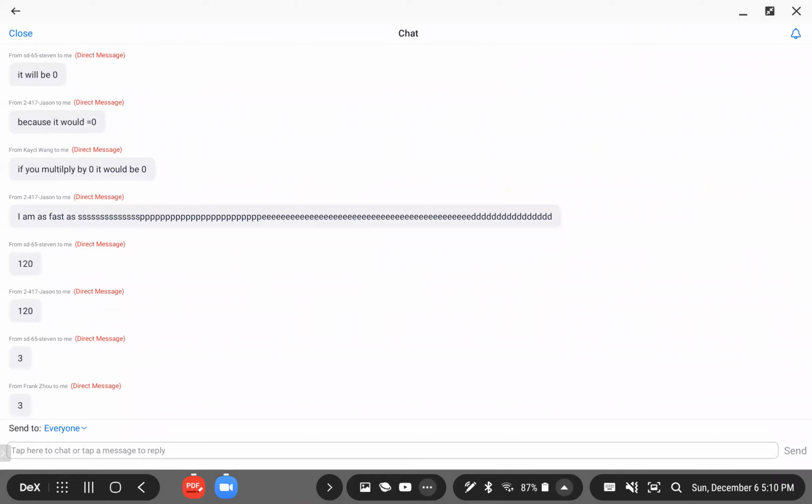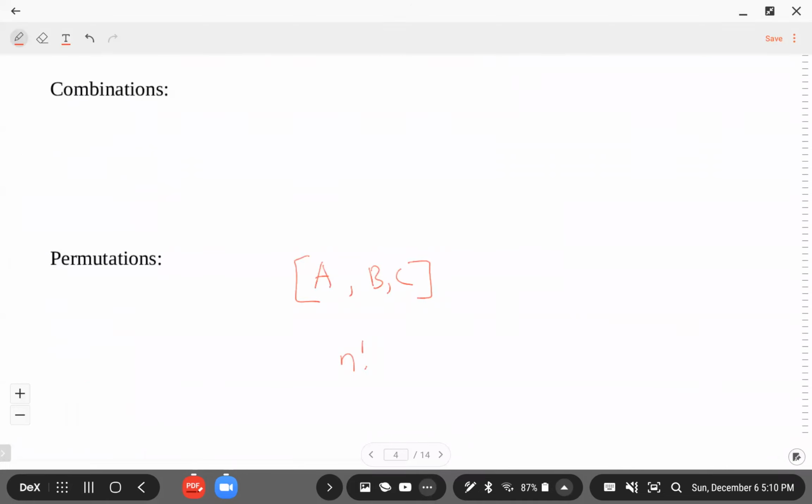Very good. And Frank as well. Good. So n is the number of objects in this particular set. If we have A, B, C, and D, then n would be 4. So here n equals 3, and 3 factorial equals 6.